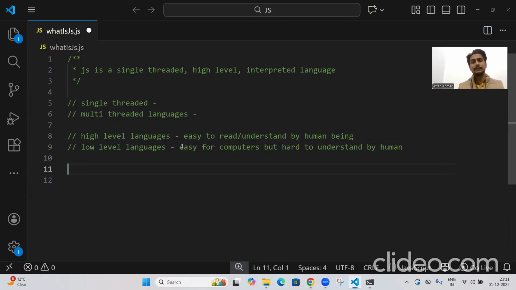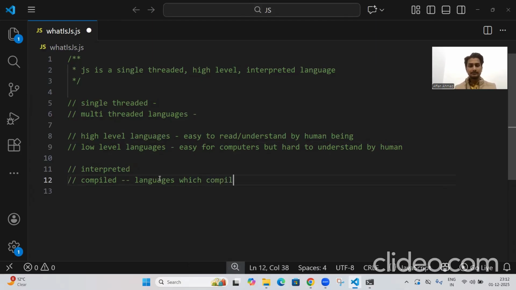Then we have interpreted languages. Again, we have two types of languages: interpreted and compiled. Compiled languages are those languages which are converted into machine code before execution.